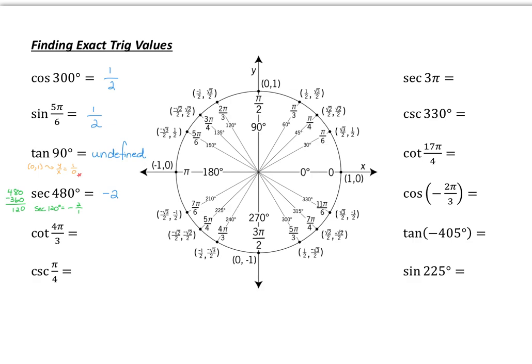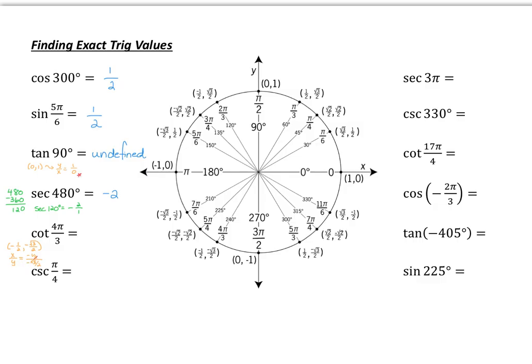Cotangent of 4 pi over 3, once again, I'm going to need to find both the x and y values. Here's my 4 pi over 3, and so my x and y values are negative 1/2 and negative radical 3 over 2. Cotangent is x over y, and so that becomes negative 1/2 over negative radical 3 over 2.